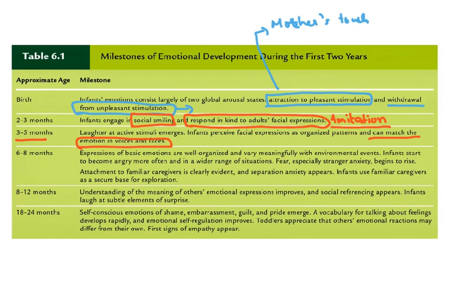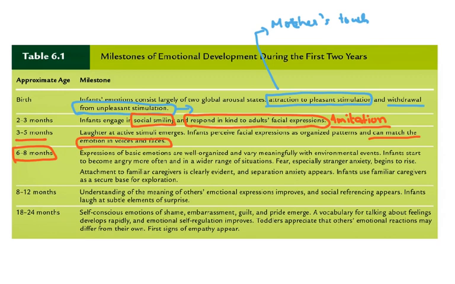What happens when they're 6 to 8 months? Then what you see from 6 to 8 months is that expressions of the basic emotions that we've looked at earlier become more well organized. What you see is that they start varying in a very meaningful manner with environmental changes, right? You have infants who start to become angry more often.